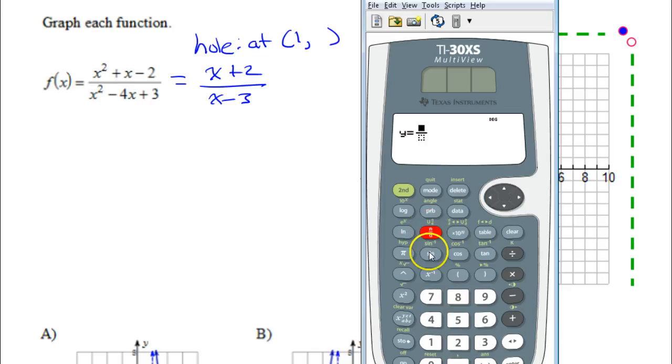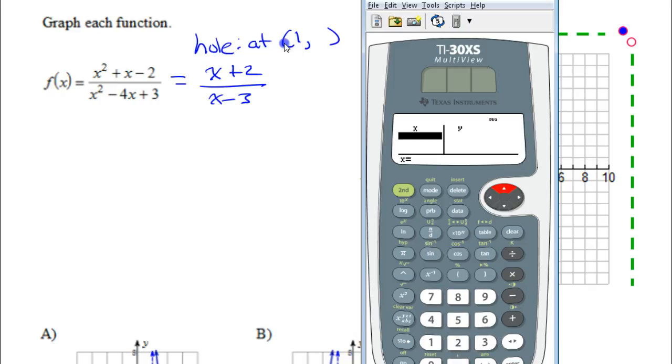So in the numerator I'm going to put x plus 2. In the denominator I will have x minus 3. I'm just going to stay in Ask X mode. Okay, so let me just clear this out.